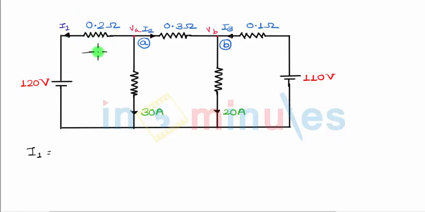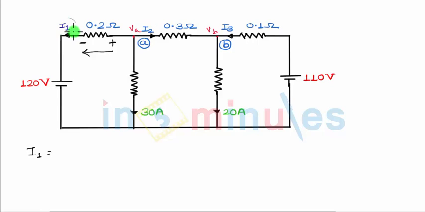Now the current which flows towards left through this 0.2 ohm resistance will generate a voltage across it with the polarity minus on the left and plus on the right, because whenever the current flows, there is always a fall in voltage that appears across the resistance. So we have to consider this direction of current, and the voltage polarities generated will be minus and plus. So now what will be the equation for the current I1?